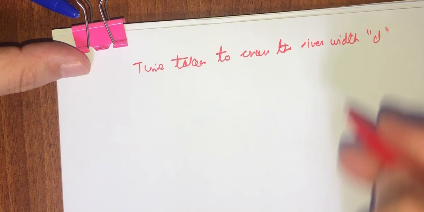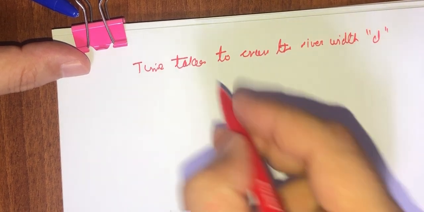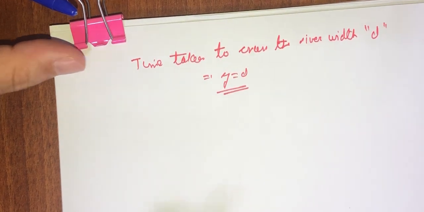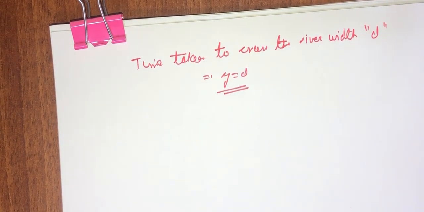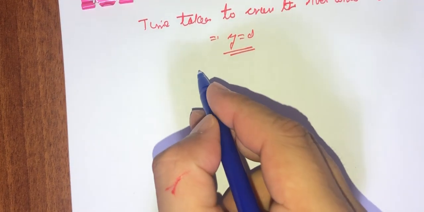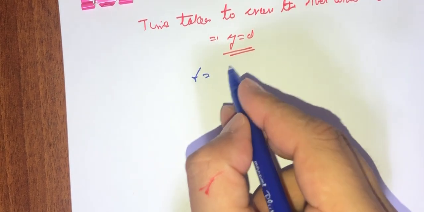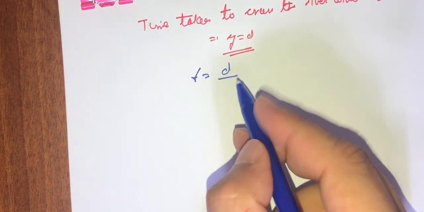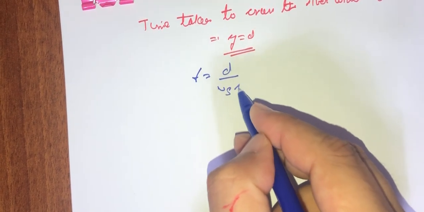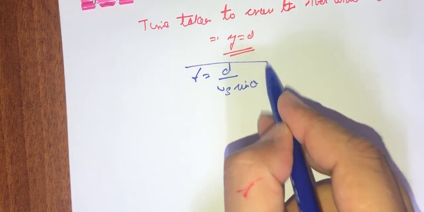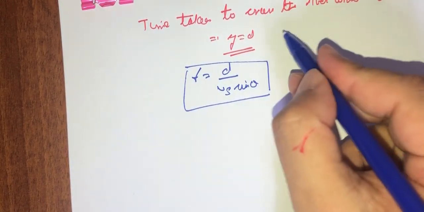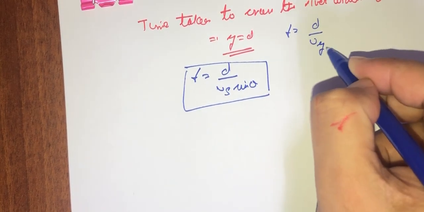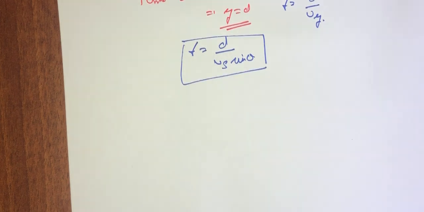So in this case we can say that y is nothing but d. So this time t we already know will be given by d divided by the y component of the velocity, that is Vs sin of theta. We can write it here also, t is equal to d divided by velocity of y component. So if we substitute the value, we are going to get the answer.